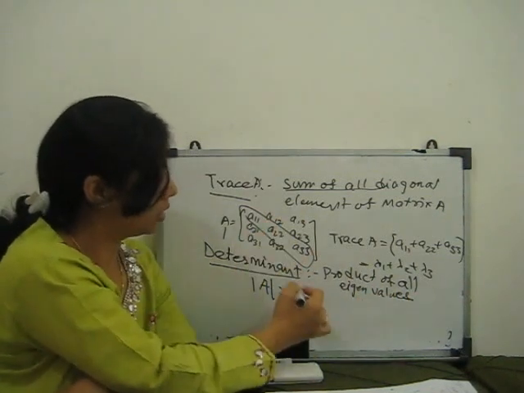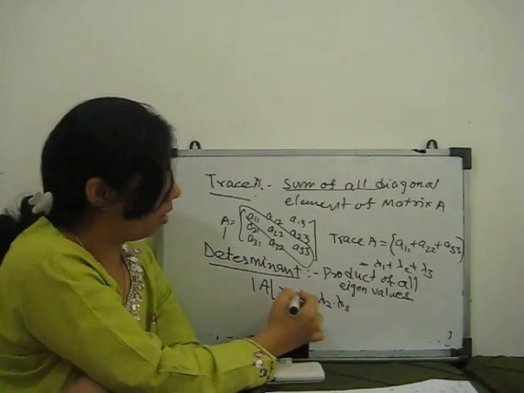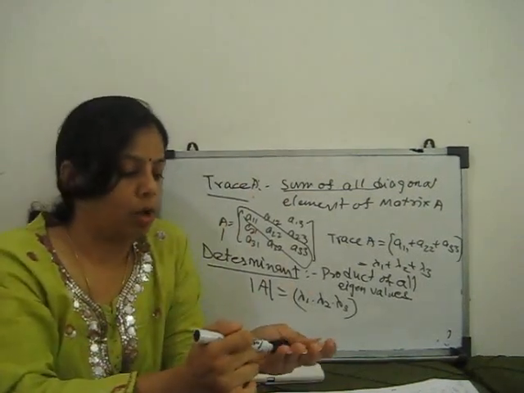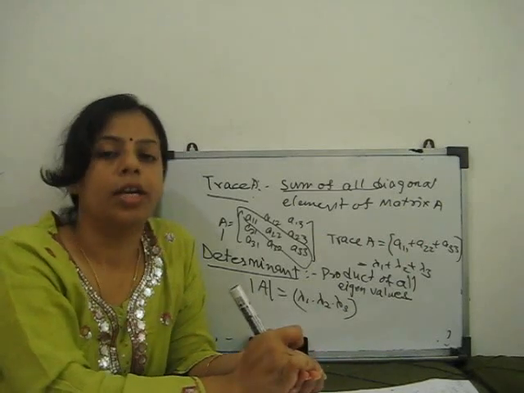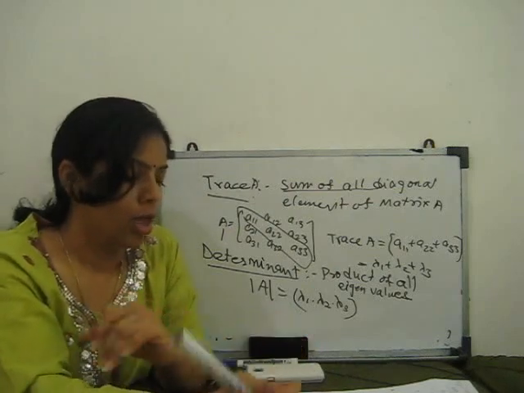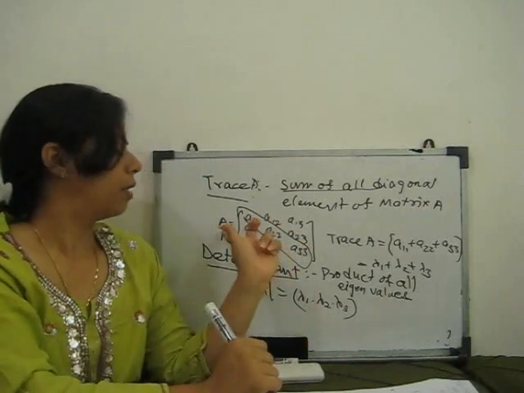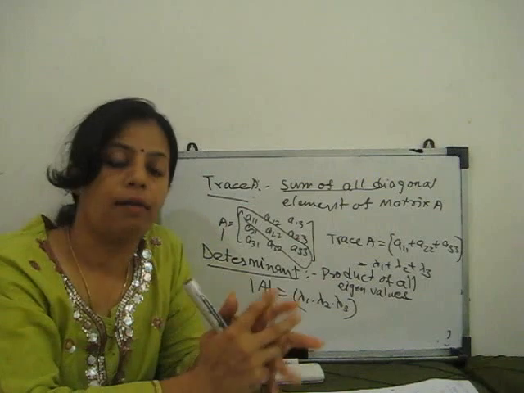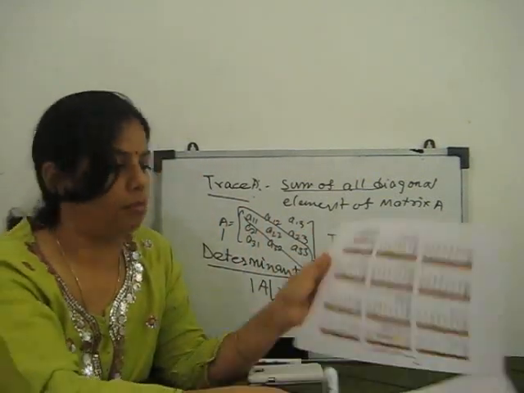So determinant is lambda 1 into lambda 2 into lambda 3. So remember always, in the case of eigenvalues, trace is given by the sum of the eigenvalues, and determinant is given by the multiplication, the product of the eigenvalues. Similarly, one more property: if we find the transpose of a given matrix A, then A and its transpose A transpose have the same eigenvalues, with the diagonal elements also the same.